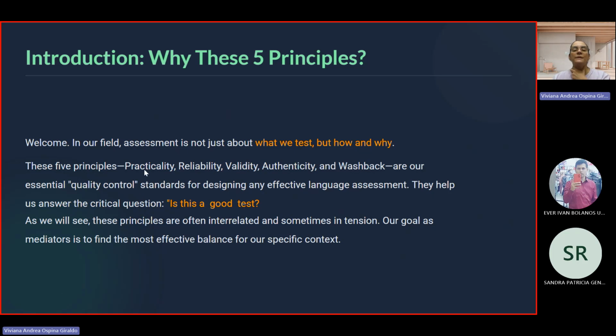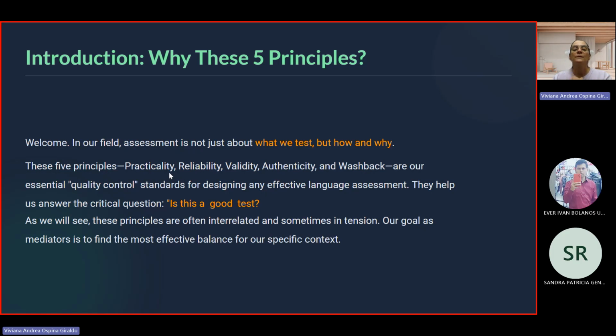Remember that we have practicality, reliability, validity, authenticity, and washback. All of them are very important. I believe that to be able to keep a good balance between them, we need to be practical. We need to be practical because teachers, we don't have that much time.